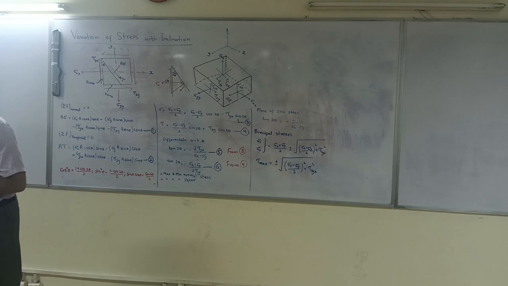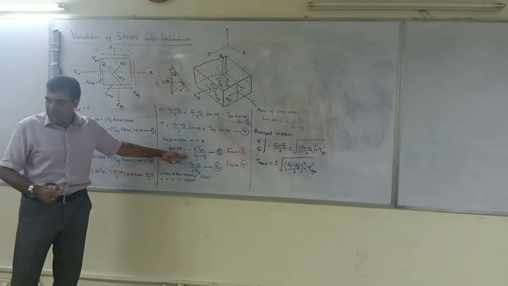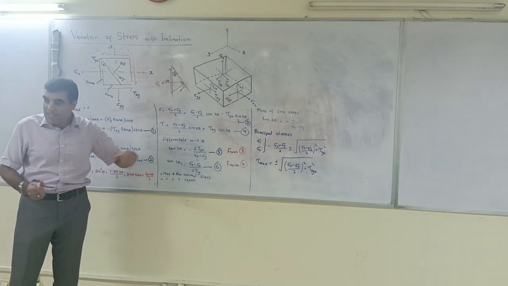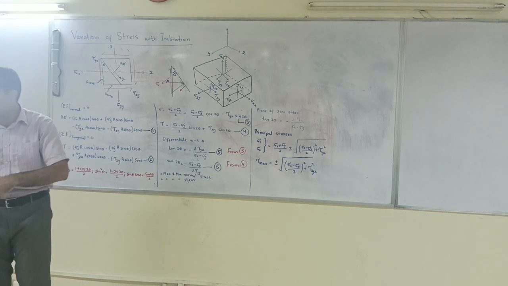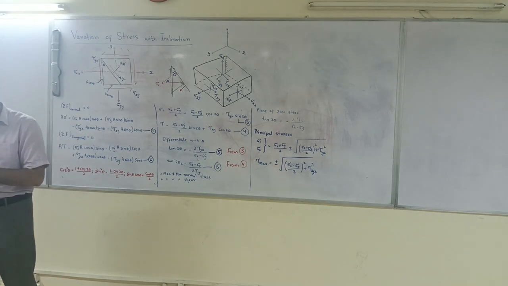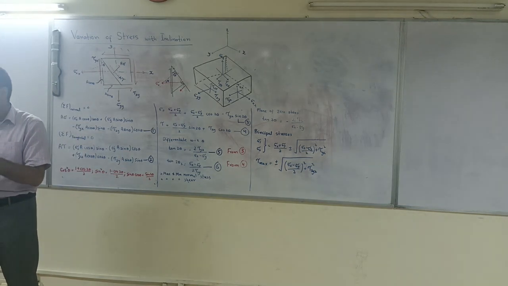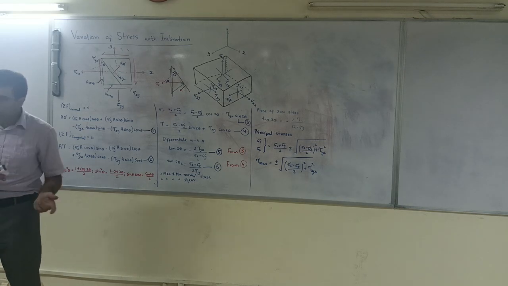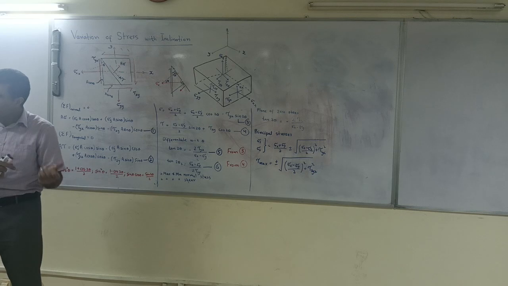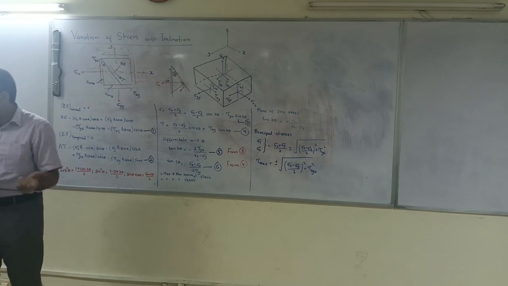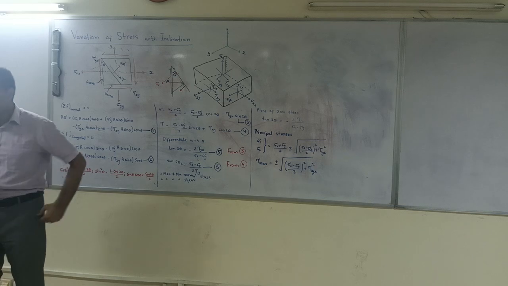What I am saying is that this equation will give you maximum stress and minimum stress. Those stresses can either be in tension and compression, or they can both be in tension or both be in compression. So you need to work that out. It depends on the nature of the problem.